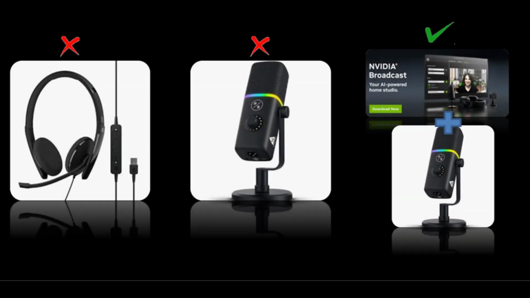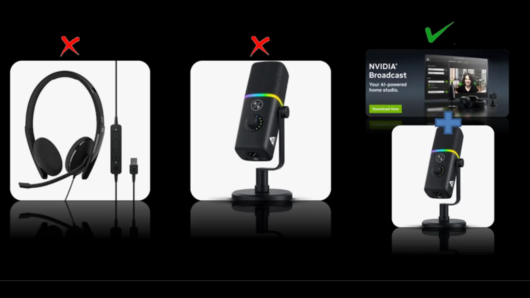Well, finally, to summarize, we saw the EPOS Adapt headset, and we could observe a lot of noise at the back end. And we also tested the microphone AM-C45, which also tried to suppress the noise, but it is not up to the mark. And then we tried to use the software NVIDIA Broadcast, and along with that, we already set the default of AM-C45 mic. So the combination of the two is outstanding.